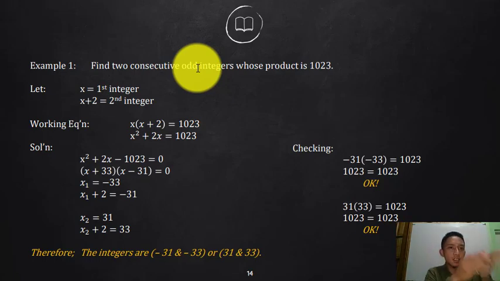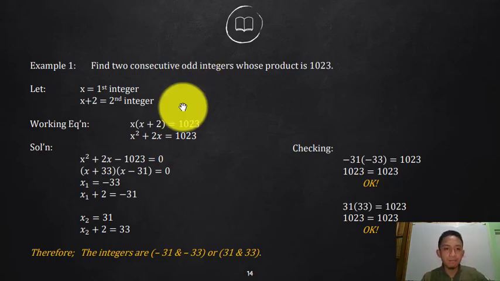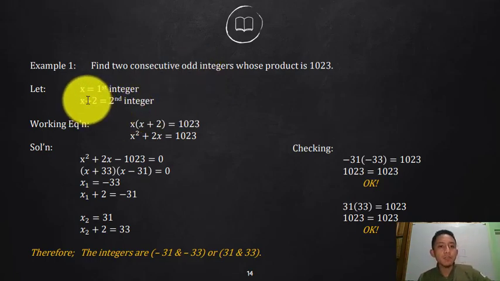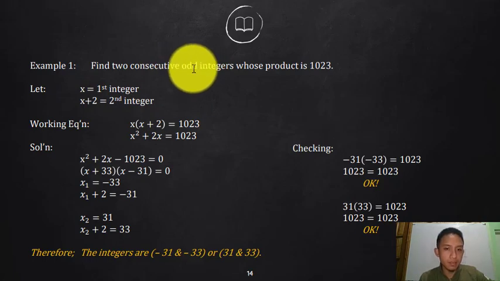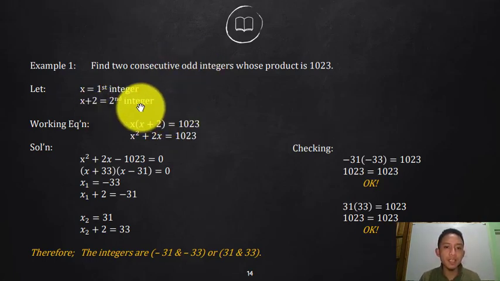Because it goes odd, even, odd, even. If you are considering 2 odds, there is an even between. If you are considering 2 evens, there is an odd between. However, if you are just talking about integers, then the difference is only 1, since it could be odd or even. So that is x plus 2, since we are talking here of odd. That is your second integer.